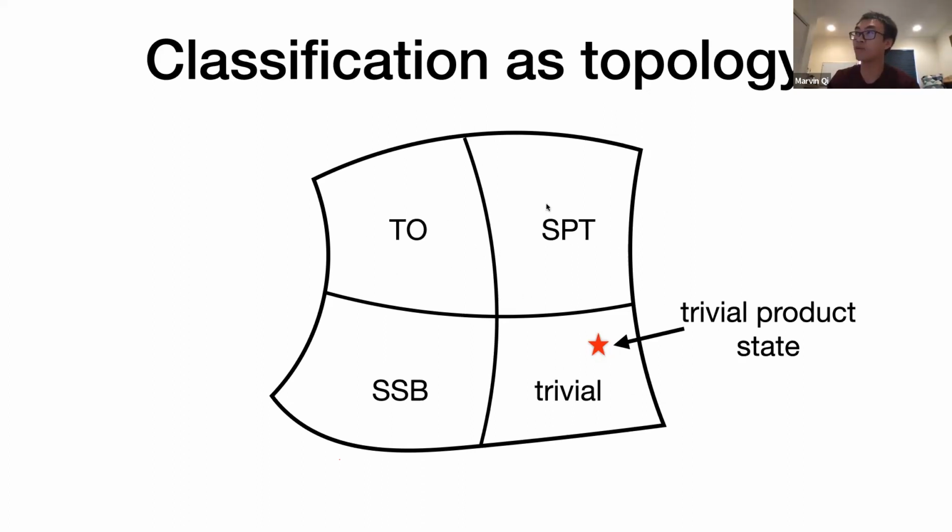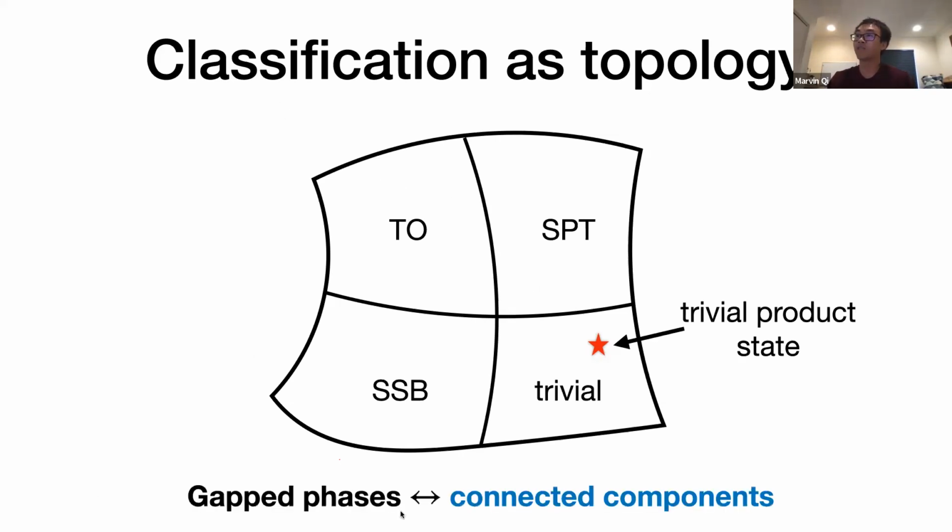These are just labels for the different phases. But the main takeaway that I want to leave you with on this slide is that when we're classifying gapped phases, we're looking at this enormous space of ground states, or space of quantum systems, and we're trying to understand what its connected components are.